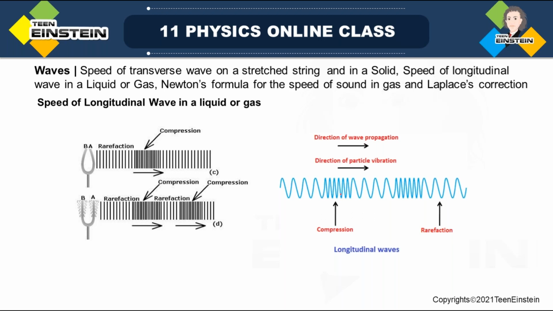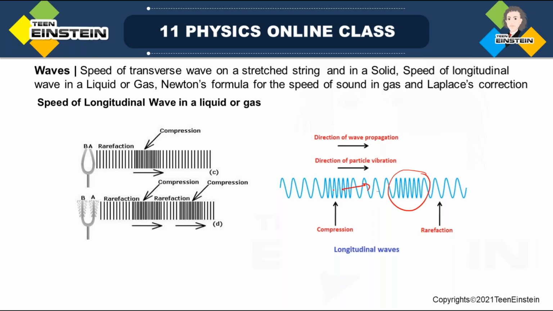So the particles from here will try to go to the rarefied region where there is less density. So therefore particles will move in this way, and eventually this region also will get compressed because there will be more density because more particles are coming over here.